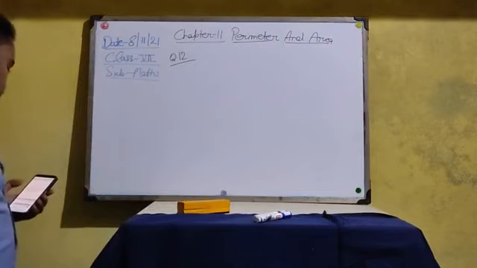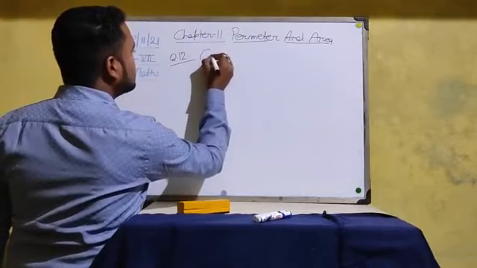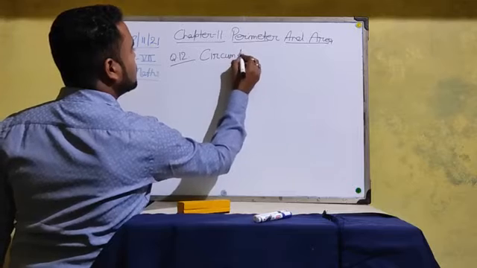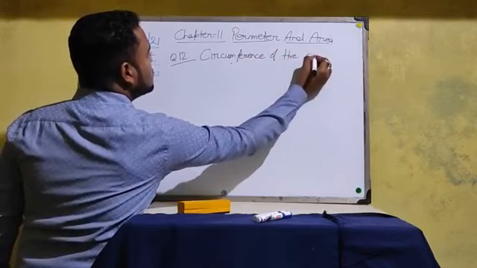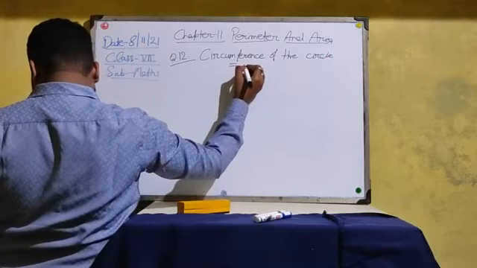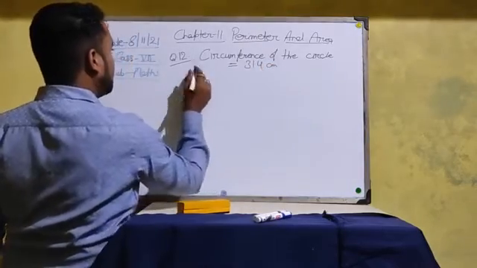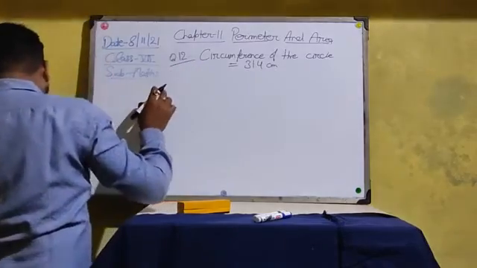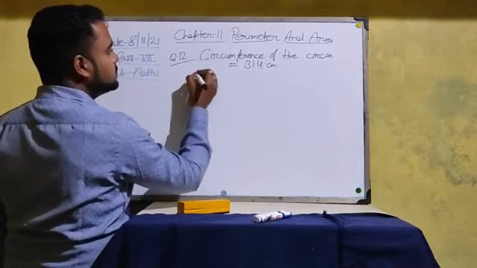The question is, the circumference of a circle is 31.4 centimeter. We have to find its radius, and after that we have to find its area, and here we take pi equals to 3.14, which is given in the question.